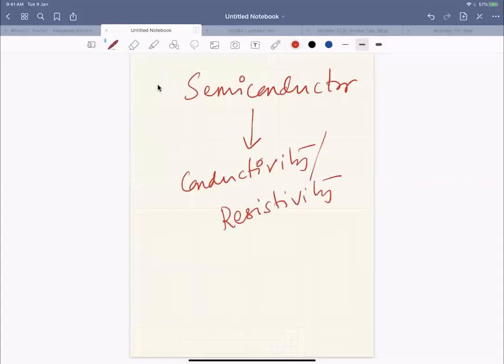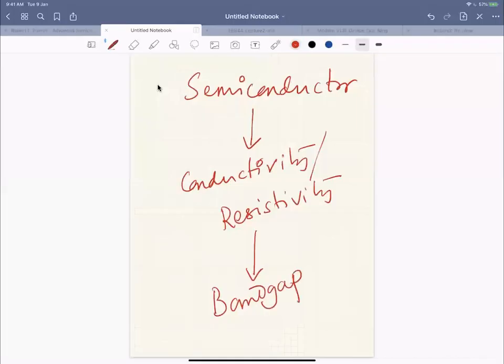Resistivity is nothing but the opposite: one by resistivity is conductivity. This is very important, because semiconductor is the only material where we could change the conductivity or resistivity by changing the doping. But doping is an external thing, while a semiconductor by itself has a certain conductivity, and that is directly dependent on the band gap.